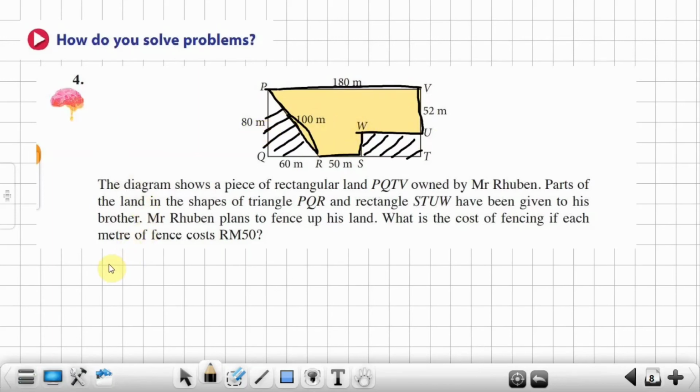We need to calculate the perimeter, which is PV plus VU plus UW plus WS plus SR plus RP.